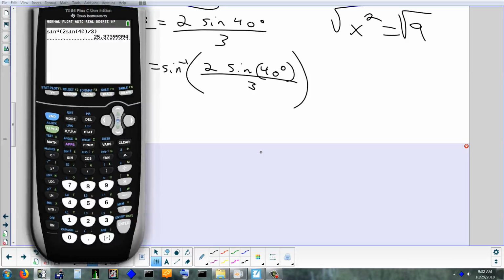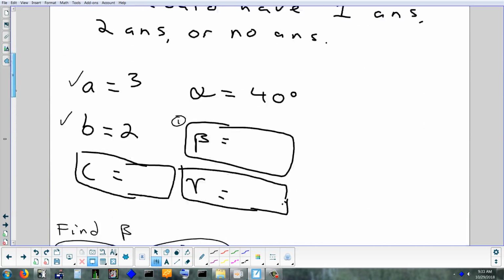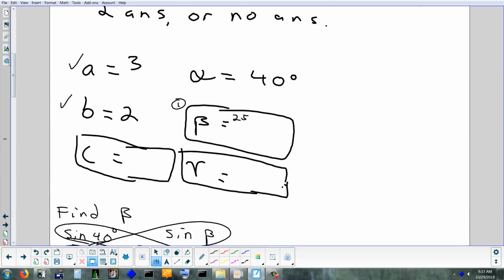Now, I know this is not a no solution problem, because if it was, I wouldn't have gotten this number right there. So 25.374 is definitely a solution. I wrote it up higher in the box in case there's a second answer.